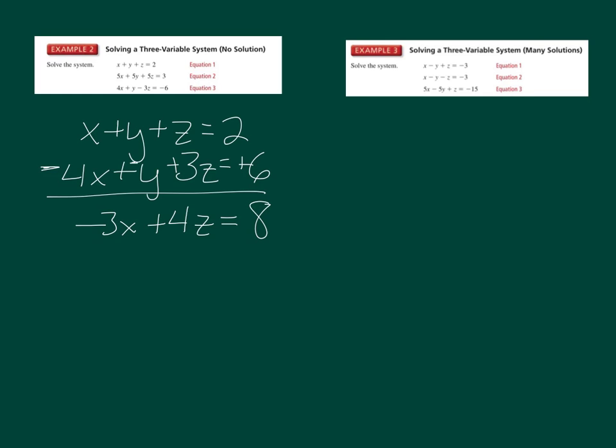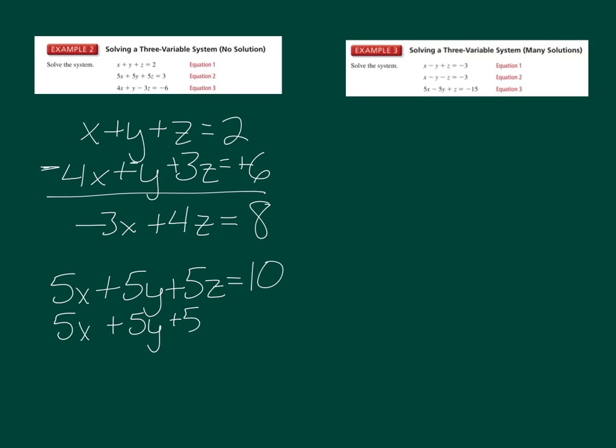I have to multiply equation 1 by 5, so it's going to read 5x plus 5y plus 5z is equal to 10. And then my second equation is 5x plus 5y plus 5z is equal to 3.